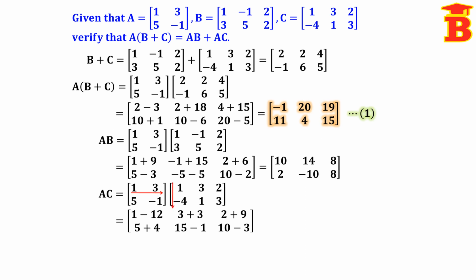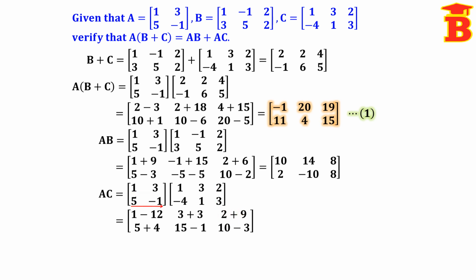Take first row first column, 1 into 1 is 1, 3 into minus 4 is minus 12. Next first row second column, 1 into 3 is 3 plus 3 into 1 is 3. Next first row third column, 1 into 2 is 2 plus 3 into 3 is 9. This is the first row answer.